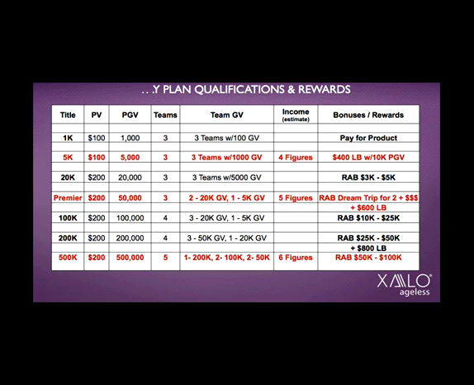So you're building 5 teams, helping them build volume. You've got 500,000 in volume, and you get a 6-figure monthly income plus the rank advancement bonus, $50,000. And if you do it within 4 years, $100,000.